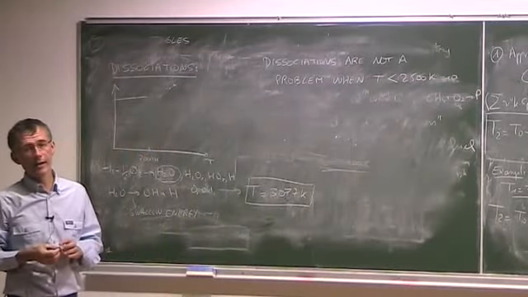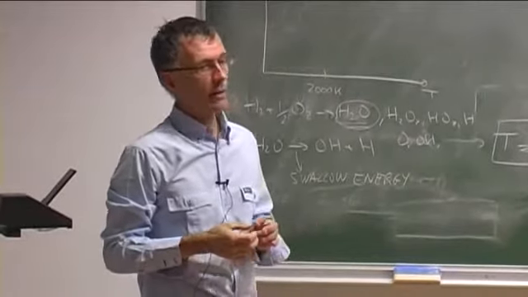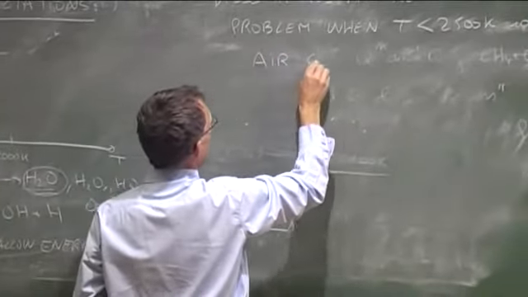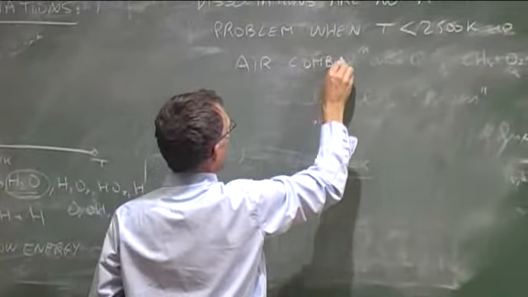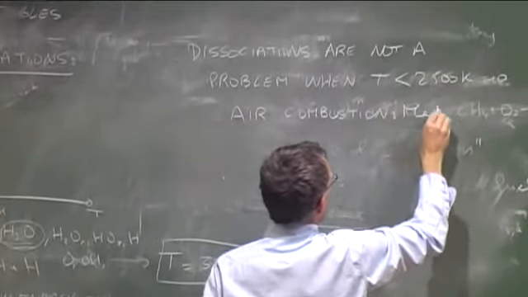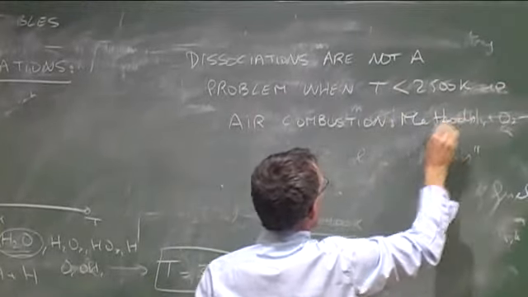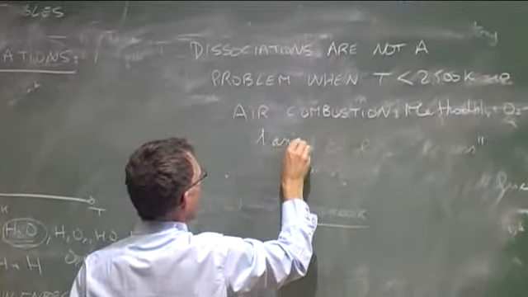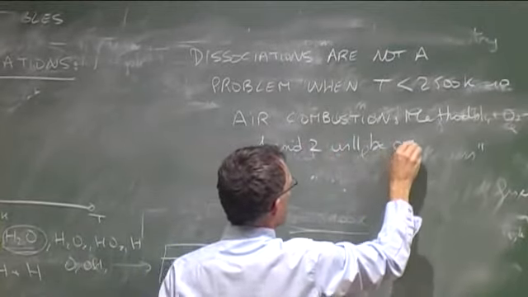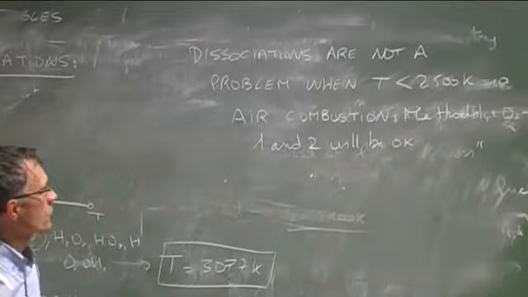So typically it means that if you remain for air combustion, if you burn with air and not pure oxygen, methods 1 and 2 will be okay. And we'll use them actually. Even today we'll use these assumptions.